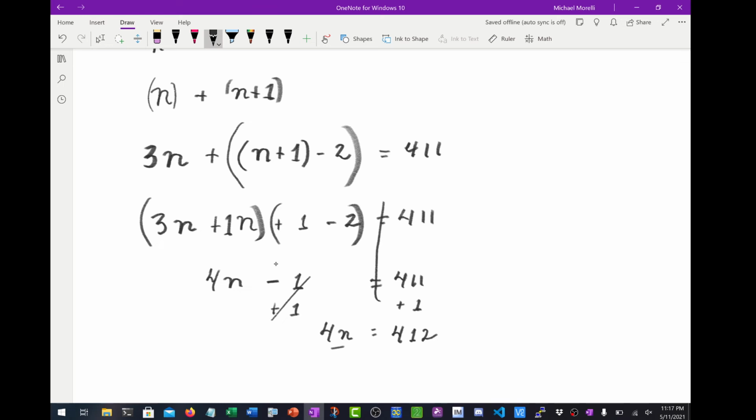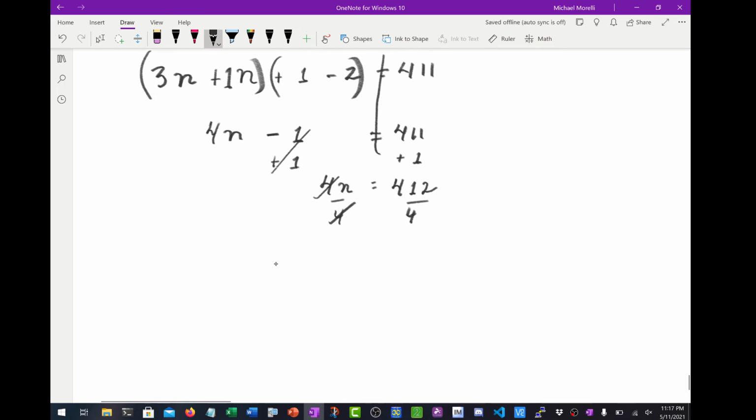If I divide both sides by 4, n will equal 103, right? Because 103 times 4 is going to give me 412. Okay? So that's your answer right there.